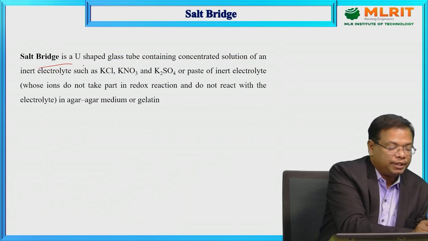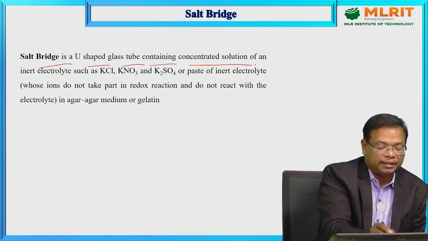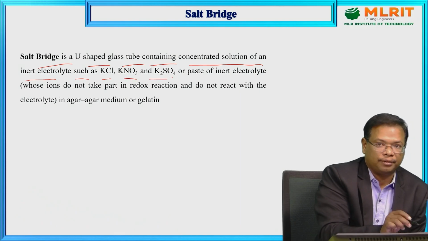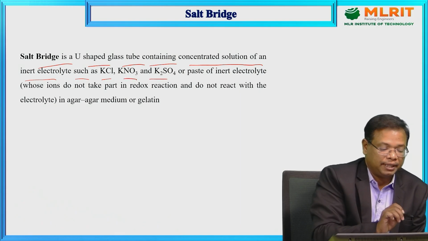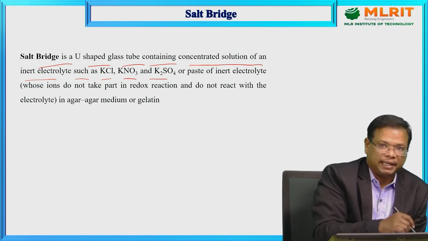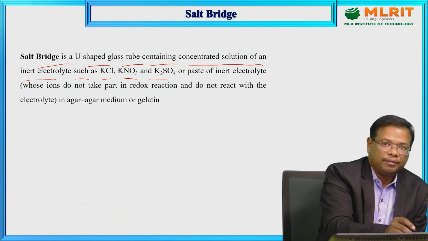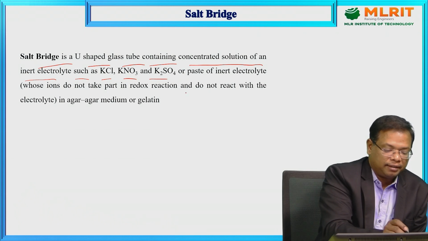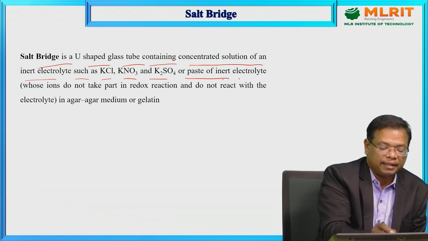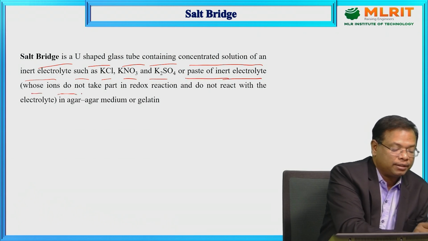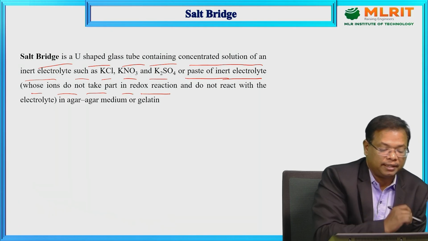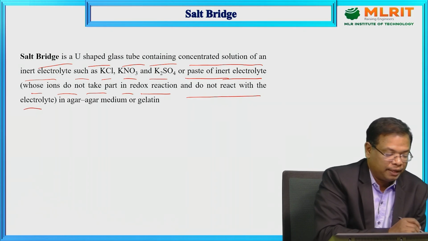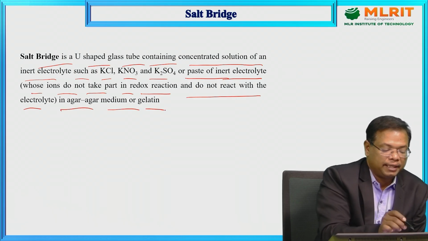The salt bridge is a U-shaped glass tube containing a concentrated solution of an inert electrolyte such as KCl, KNO3 and K2SO4. These won't react with the metals. They just conduct through the ions, or a paste of the inert electrolyte whose ions don't take part in the redox reaction and don't react with the electrolyte, in an agar-agar medium or gelatin substance.